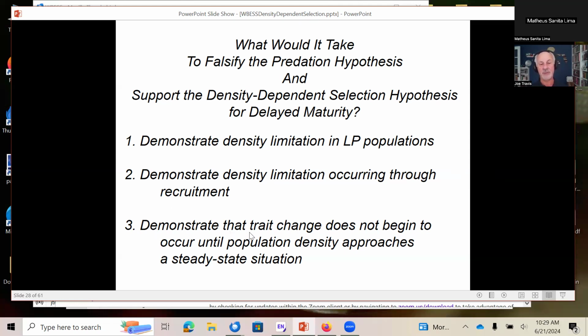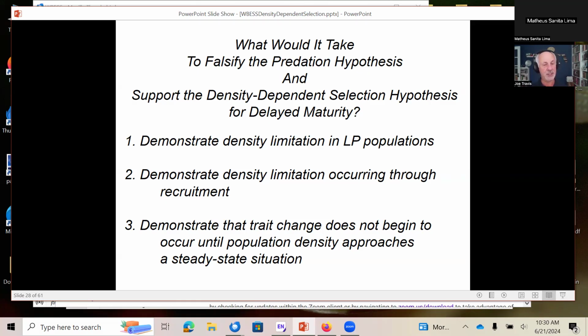And finally, we have to demonstrate that the trait change does not begin to occur until the population density approaches a steady state situation. And here I have to go back to what I told you earlier, that the high elevation, low predation populations form after colonization by a high predation, low elevation phenotype.